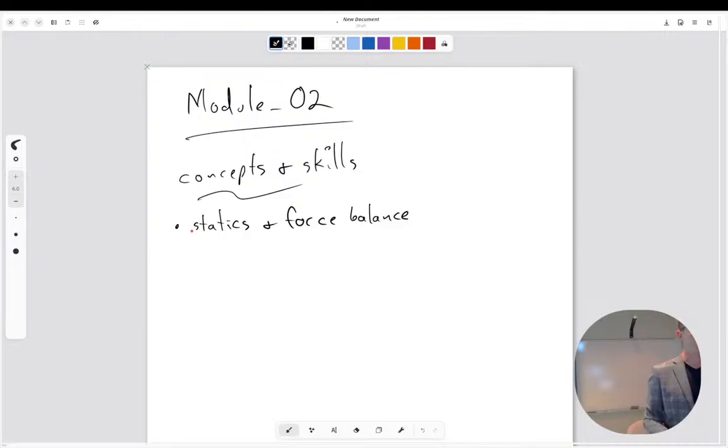We had like a specific term for that one. A quasi-static analysis. So somehow your change in momentum is still 0, even though the thing is moving. Like a quasi-static.